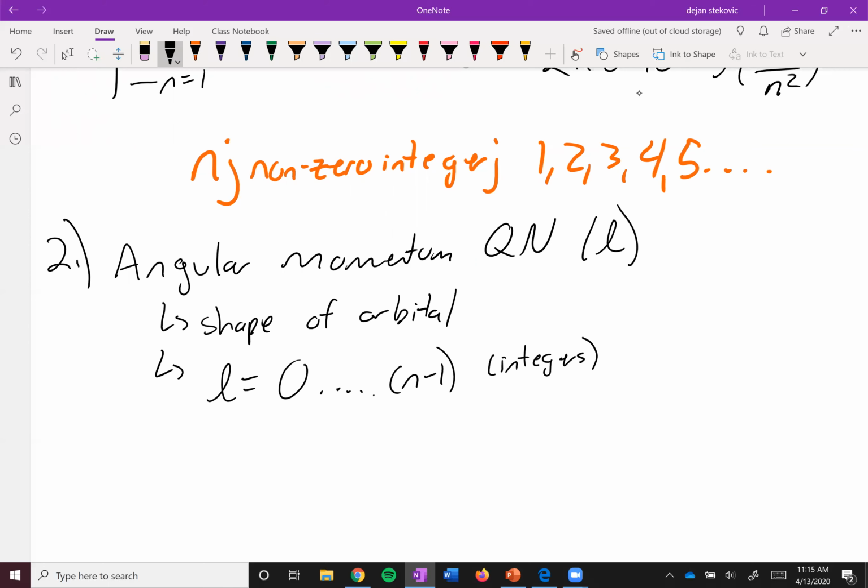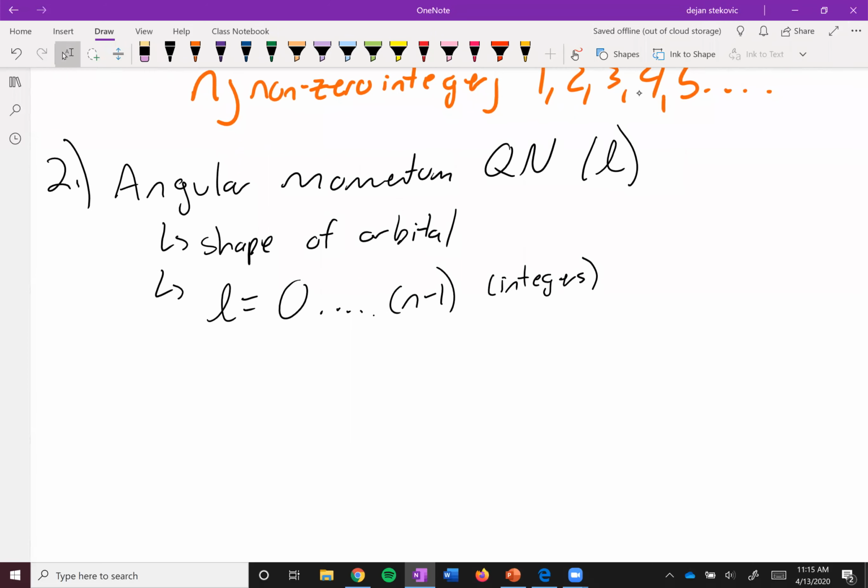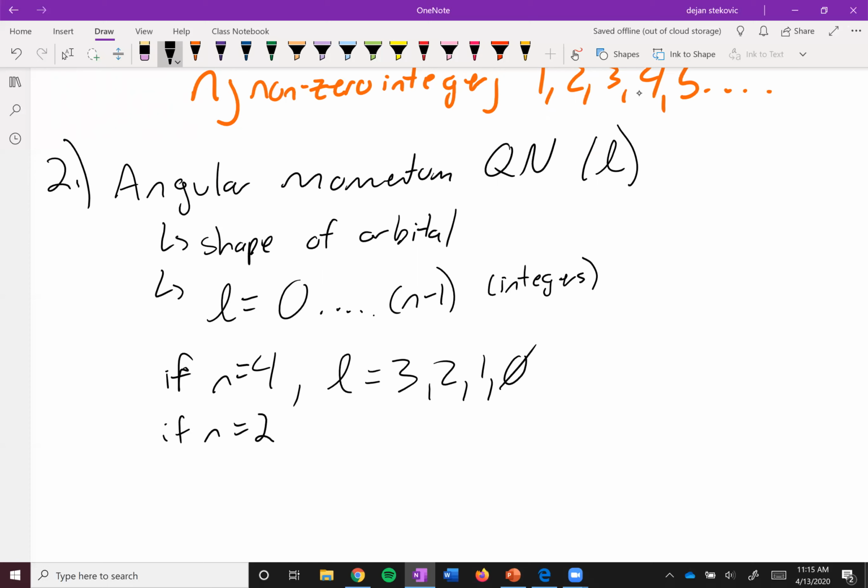So the value of L is dependent on n. For example, if n is equal to 4, L can be 0 up to n minus 1. n minus 1 would be 3 here, right? 4 minus 1 is 3. So L can be 3, it can be 2, it can be 1, it can be 0. Another example, if n equals 2, think about what L can be. The correct answer is L can either be 1 or it can be 0.